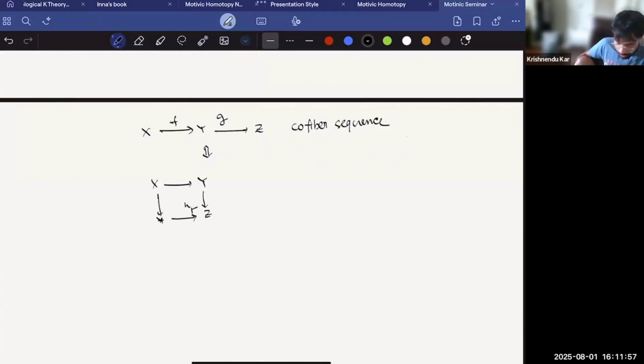It's your homotopy push-out square, right? Yeah, let me check for one thing.